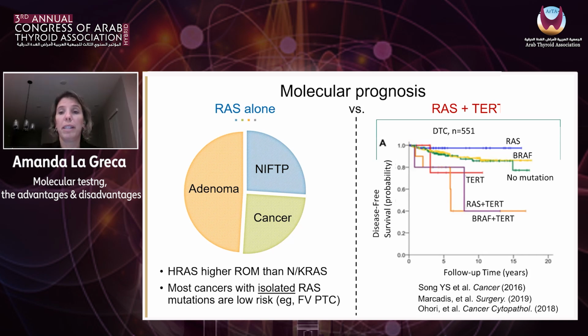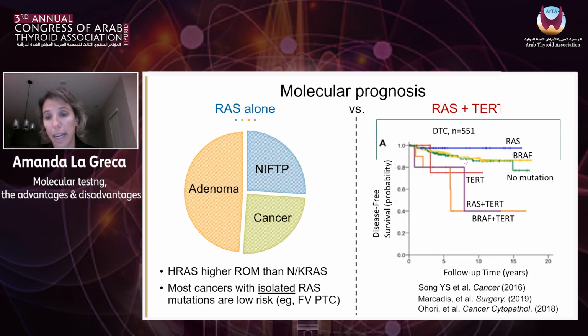As opposed to if we see a combination of RAS plus TERT. This is a graph that shows, in blue, isolated RAS mutation. Disease-free survival is really close to 1, right? BRAF, same.